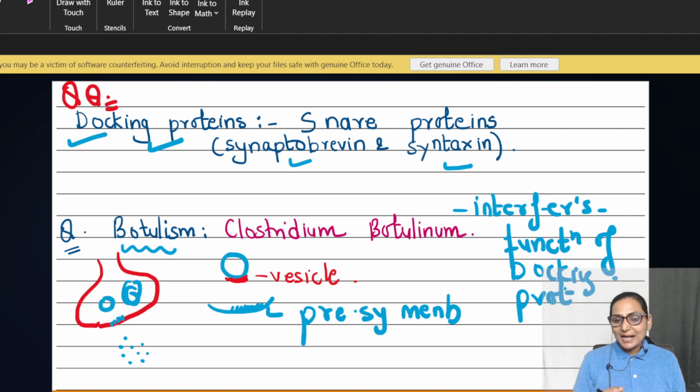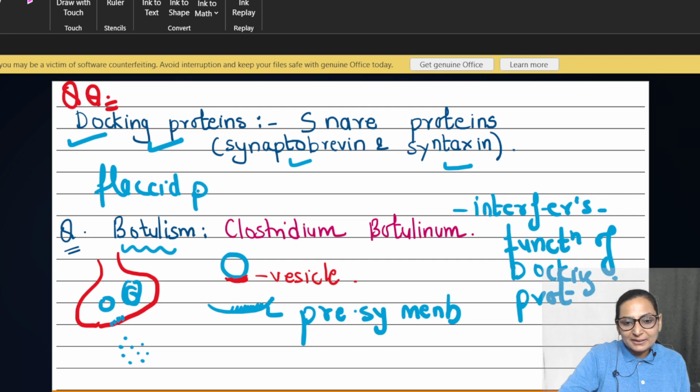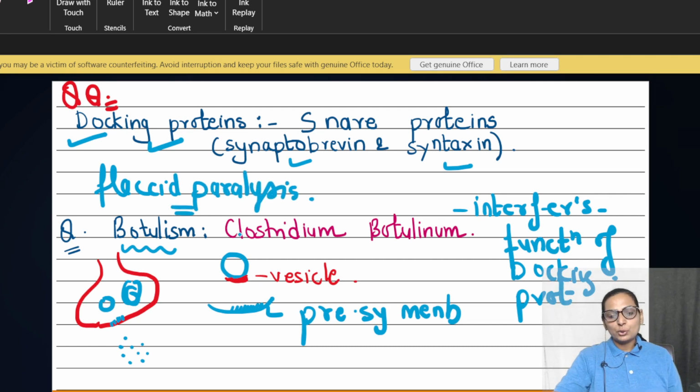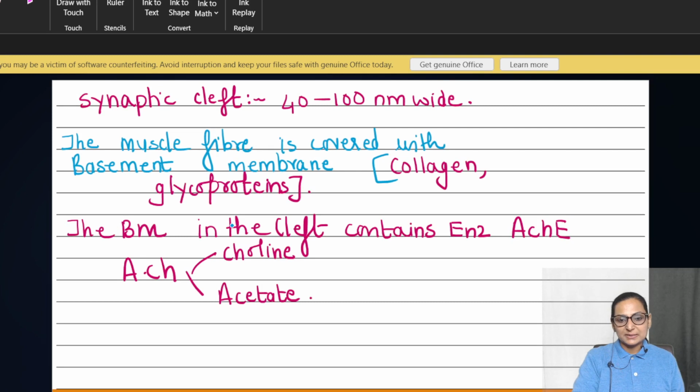And you know that if acetylcholine is not released, the further processing, that is creation of an end plate potential, then an action potential, and then muscle contraction, cannot take place. So botulinum toxin is associated with flaccid paralysis, and this is the mechanism: it interferes with the functioning of the docking proteins, right? This is an important condition, you need to remember this.